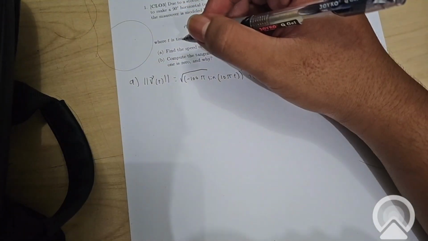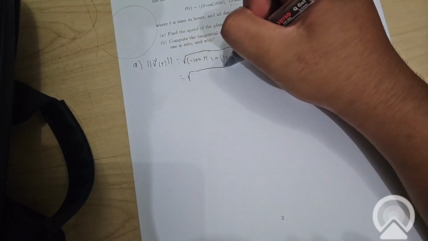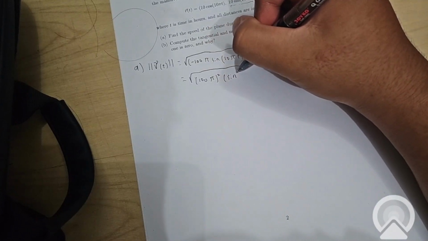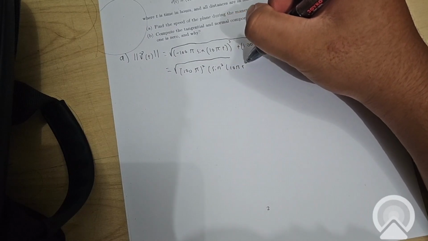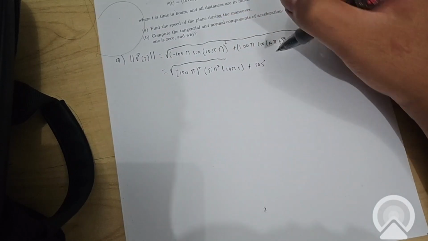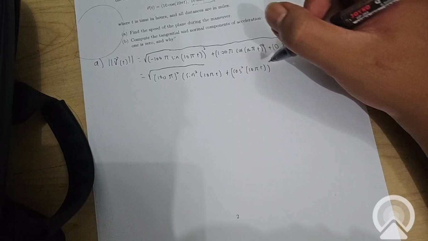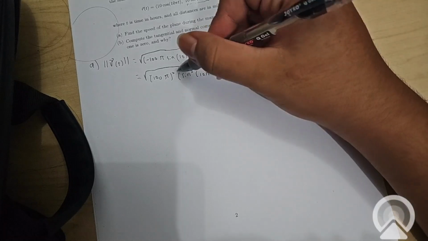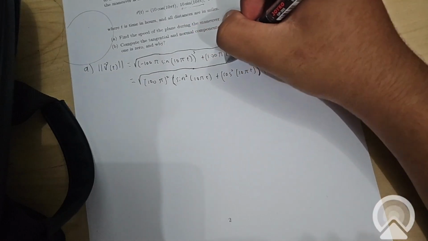So what is the result? The result will be the square root of 100π² sin² 10πt plus cos² 10πt, plus 0.04.